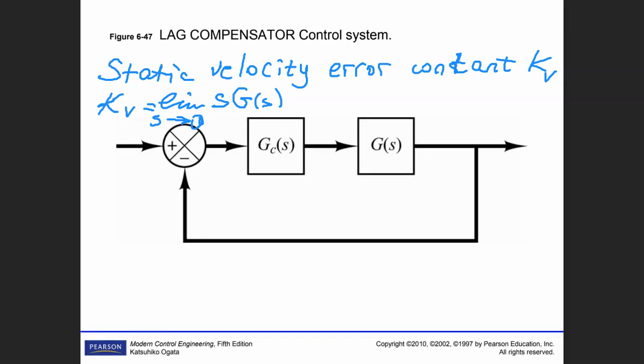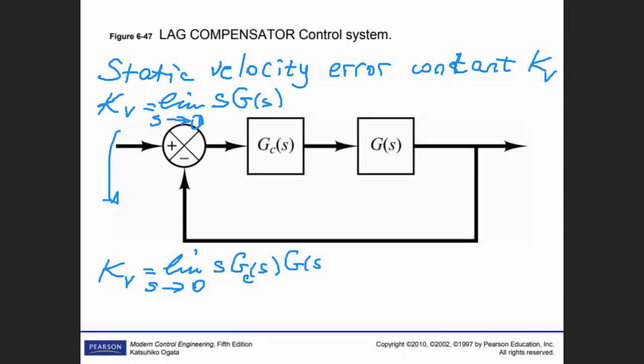So for that case, what's happening actually? Kv, when you compensate it, is equal to limit s goes to 0 of s Gc(s) G(s). So you add the compensator here.